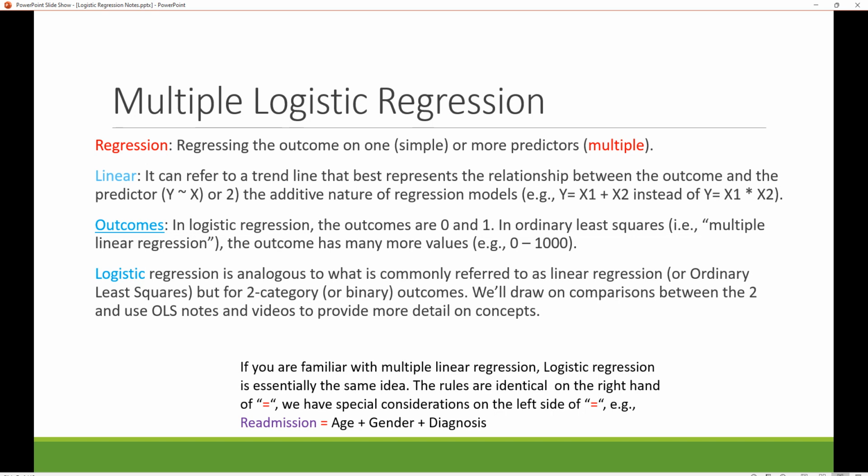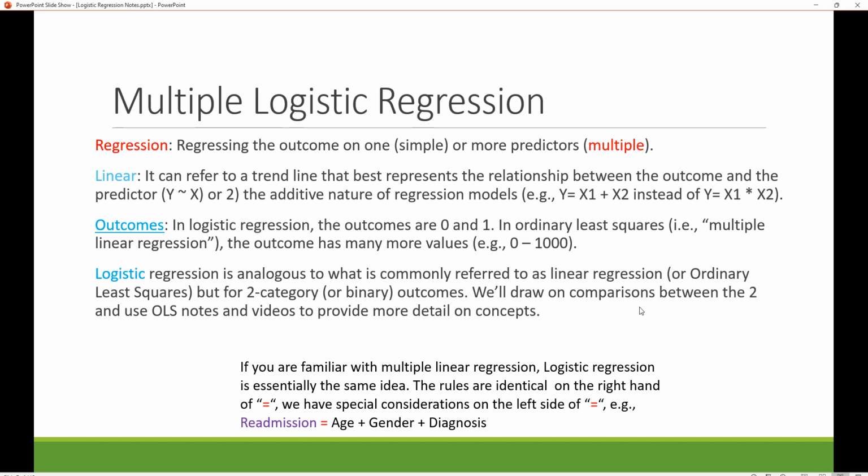Our outcomes are 0 and 1, but when we return our output, it comes out as a probability between 0 and 1. And logistic regression is analogous to what is commonly referred to as linear regression, but for two categories. We call those binary outcomes.